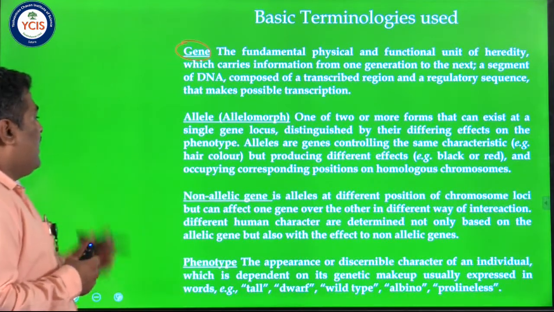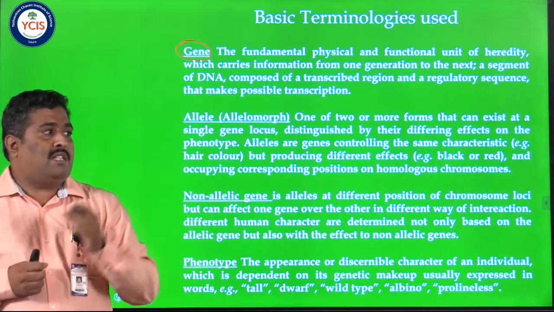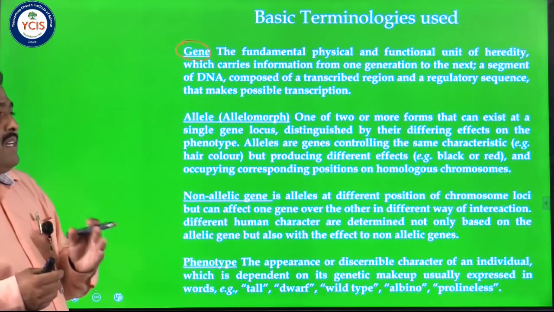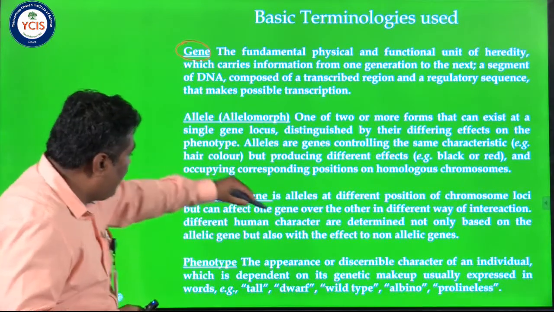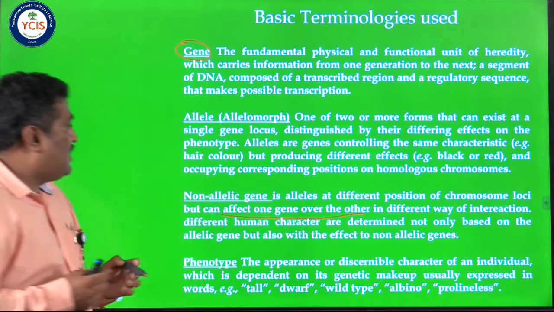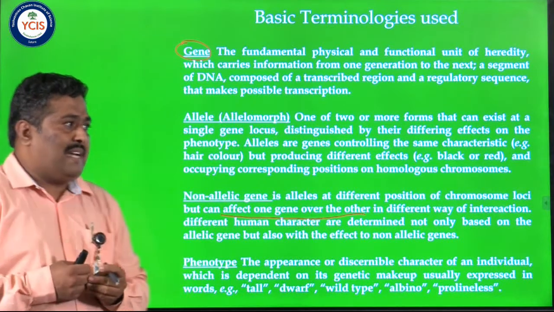Then a non-allelic gene is a gene at a different position or loci of a chromosome, but it affects one gene over the other in a different way of interaction.